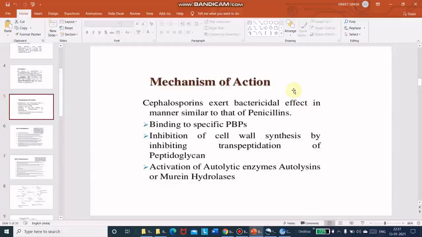So binding to the specific binding proteins, penicillin binding proteins, then inhibition of cell wall synthesis by inhibiting transpeptidase of peptidoglycan, transpeptidization of peptidoglycan. The peptidoglycan is in gram positive bacteria.